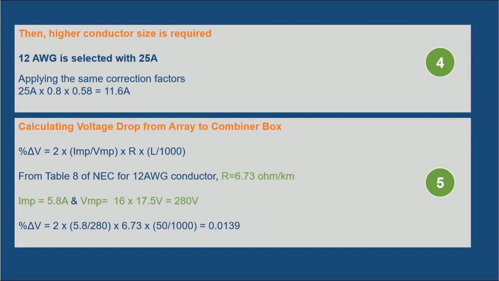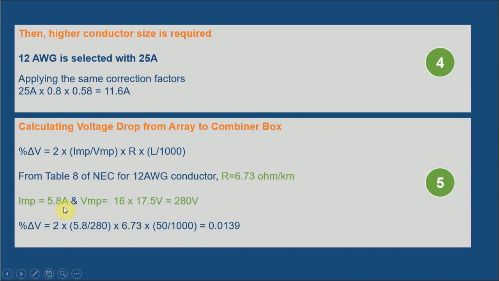Next, we need to consider the voltage drop for the cable between the array and the combiner box. Here is the formula: the voltage drop in percentage is equal to 2 multiplied by the maximum power current over the maximum power voltage, multiplied by the conductor resistance and the length of that conductor. From NEC there is Table 8, which gives us the resistance for all conductors. For this size, 12 AWG, the resistance is 6.73 ohm per kilometer.